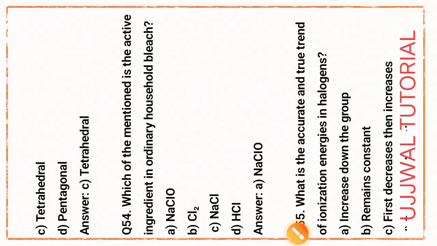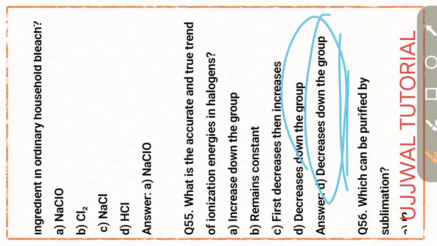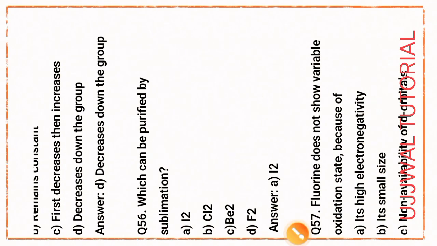Next question number 55. What is the accurate and true trend of ionization energies in halogens? Option D, that is decreases down the group. Decreases down the group.